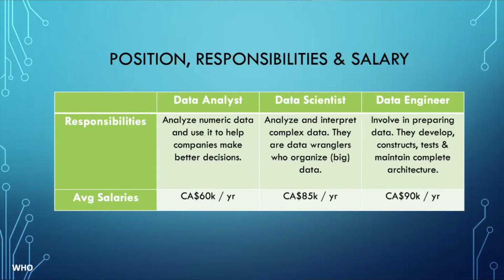Looking at their average salaries, a data analyst earns 60K Canadian dollars per year, and for data scientists and data engineers, the range is quite similar, between 85K to 90K Canadian per year. It sounds like you can earn a decent income working in these positions, right? And most importantly, I will show you how to become a data analyst and what kind of qualifications you may need in a later session.